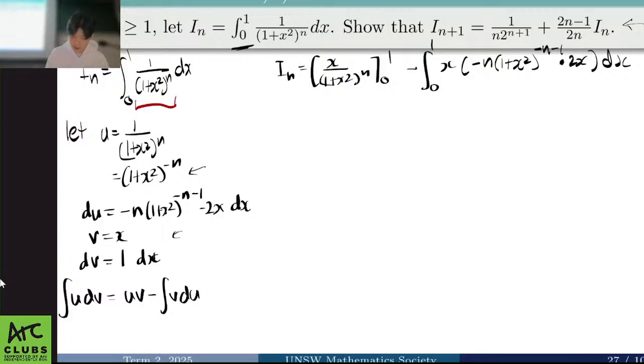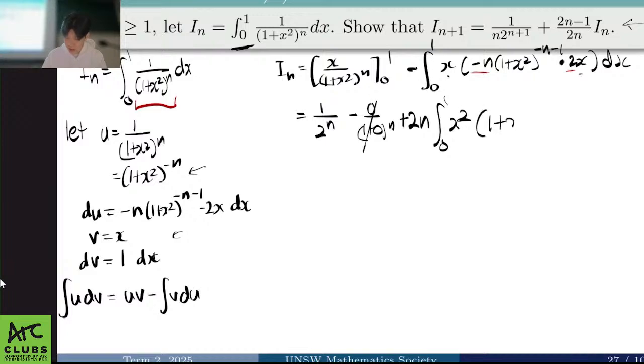So on the left here, substituting 1 in, you get 1 over (1 plus 1), which is 2 to the n, minus 0 over (1 plus 0) to the n. So that's just going to be 0. On the right here, we have minus n and a 2. So if I bring minus 2n on the outside, the minus here becomes plus 2n, integral from 0 to 1. The x and the x multiply to give x squared, and this stays the same.